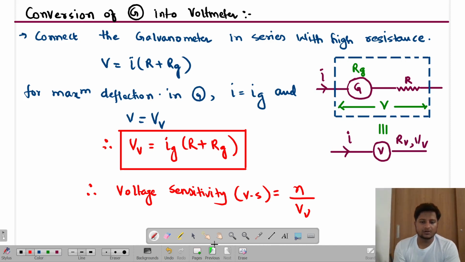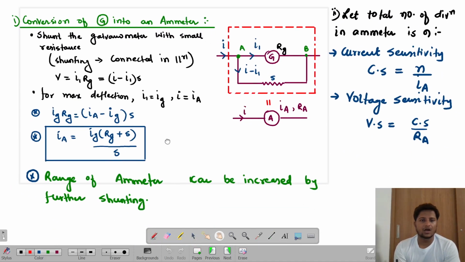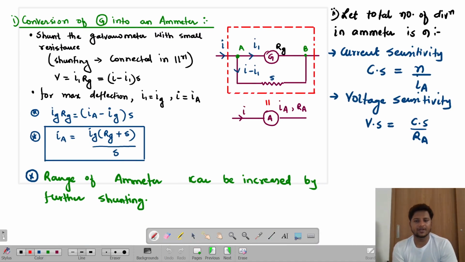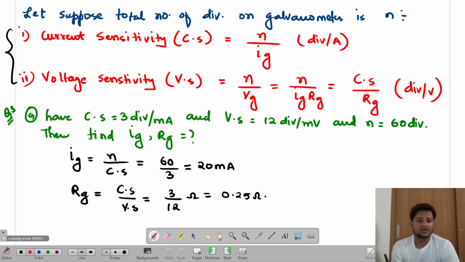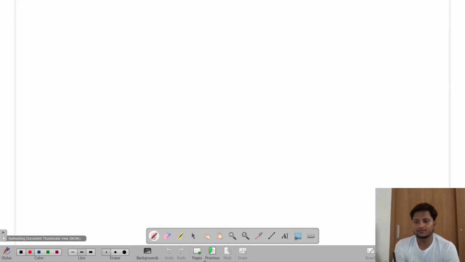So we got our understanding of how to convert galvanometer into ammeter, with current sensitivity N by Ig and voltage sensitivity. And if I want to convert into voltmeter, the voltmeter voltage will be equal to Ig into R plus resistance of the galvanometer. Is that clear or not?